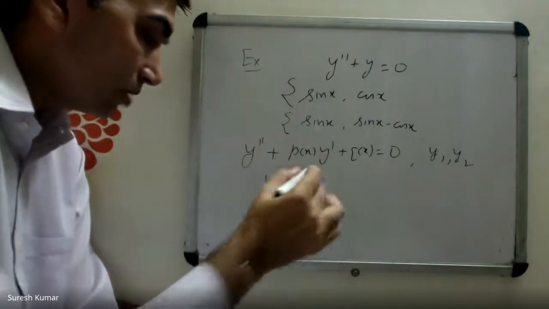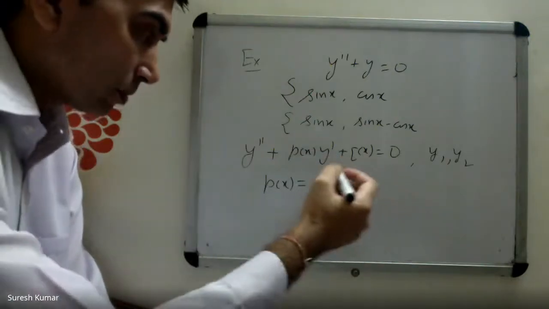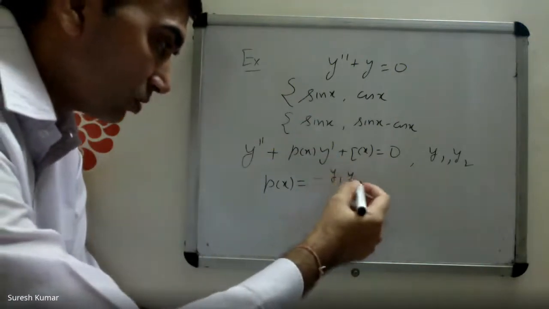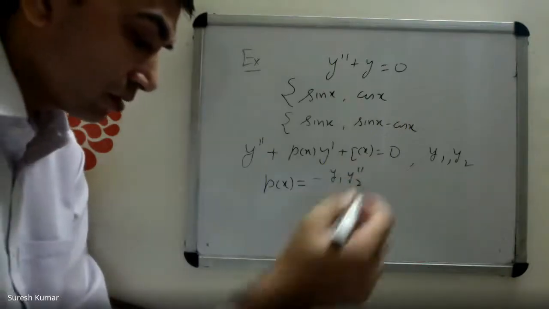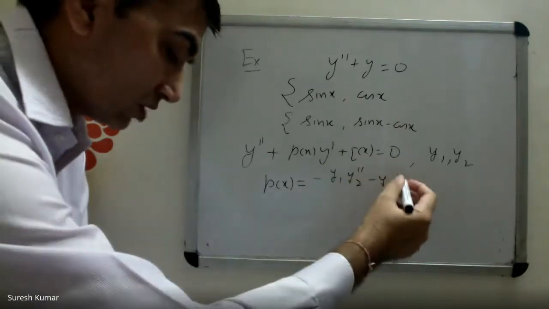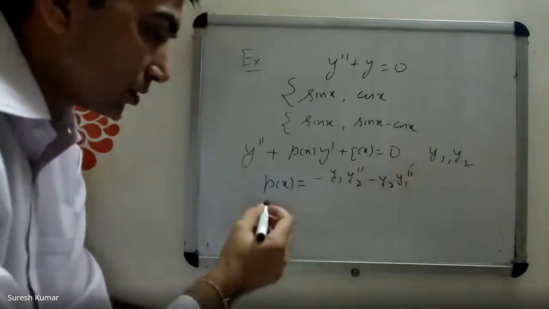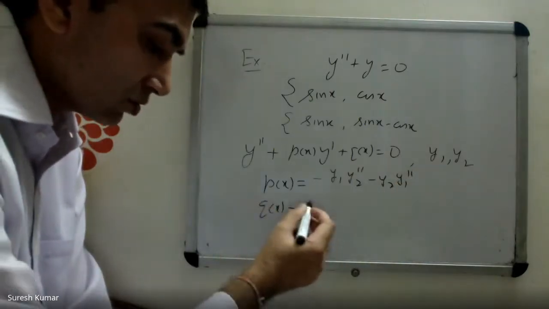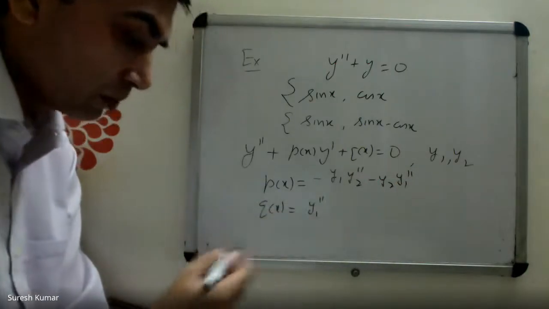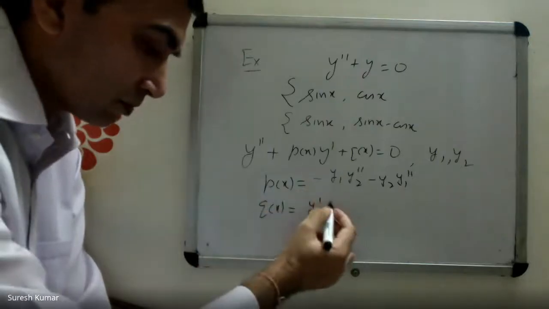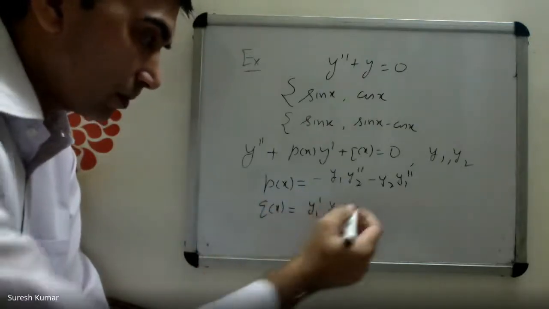then Px can be found as minus y1 y2 double prime minus y2 y1 double prime. Qx can be found as y1 prime y2 double prime minus y2 prime y1 double prime.